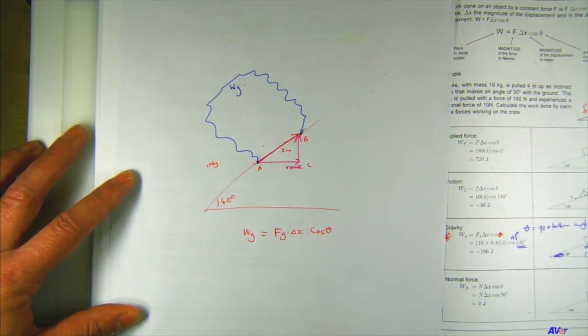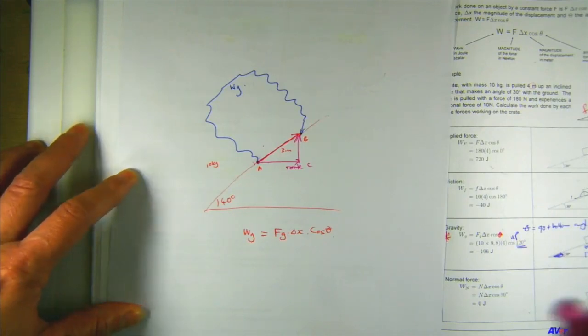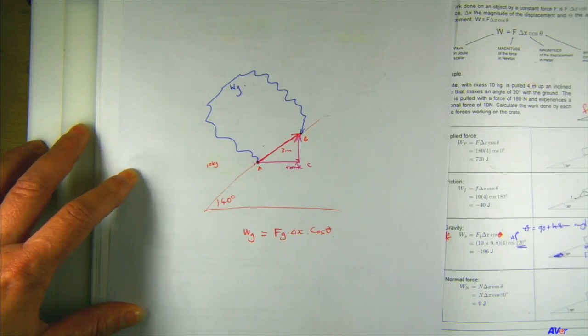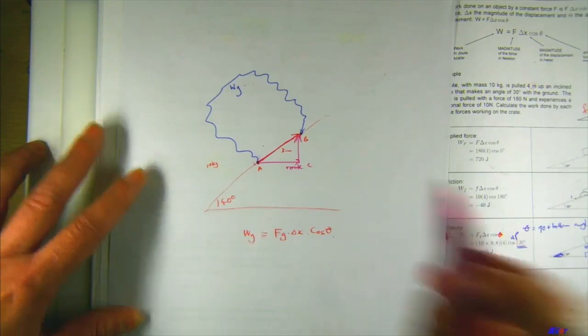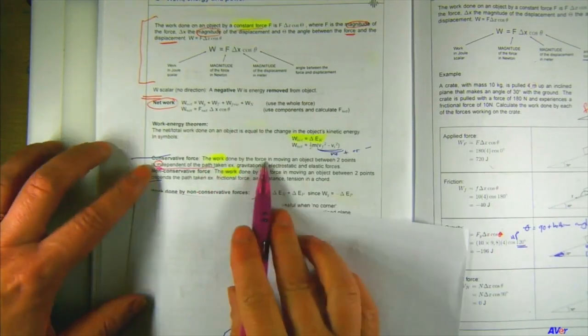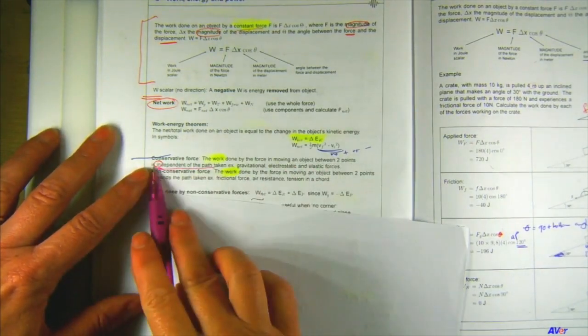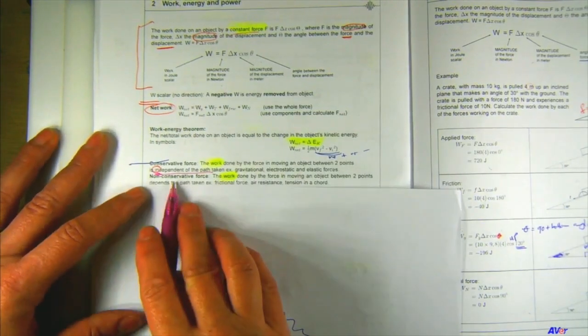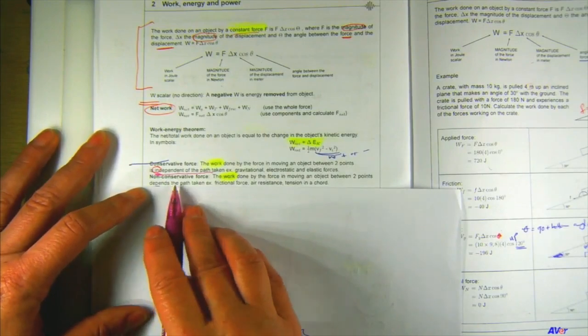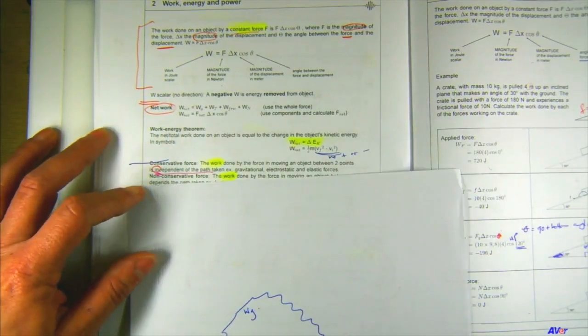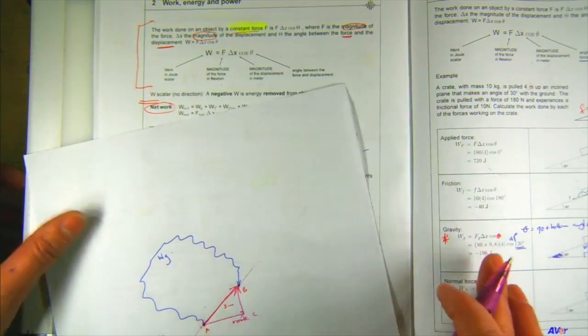The most important word is, the work done by that force does not depend on the route that is followed. The work done by the force in moving an object between 2 points is independent of the path. So you can move it wherever. And obviously the other way around: if it's non-conservative, then every single path will have a different work done.